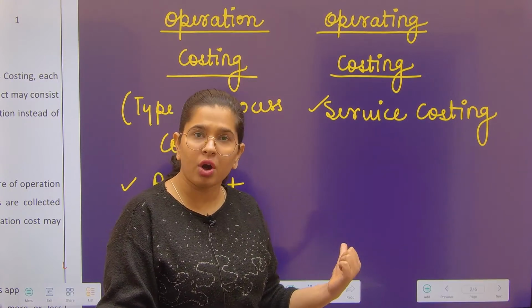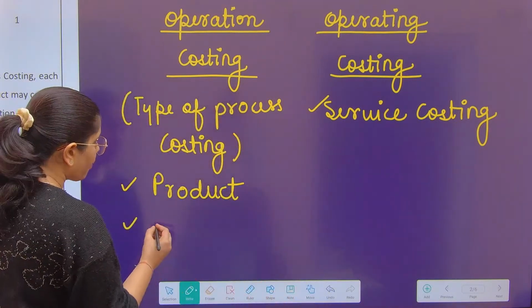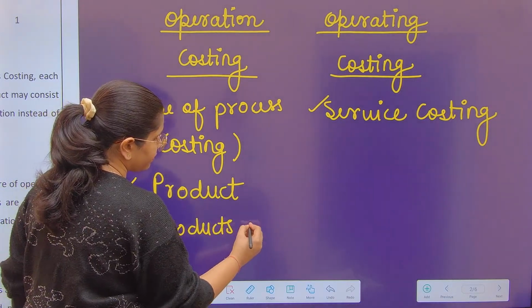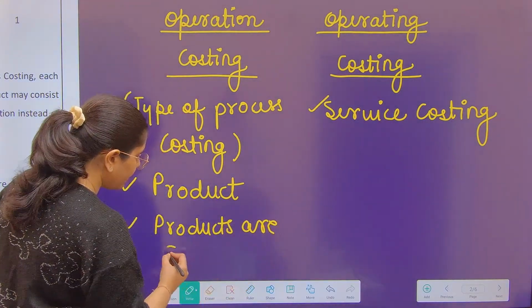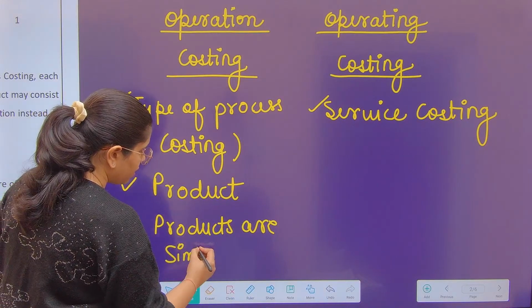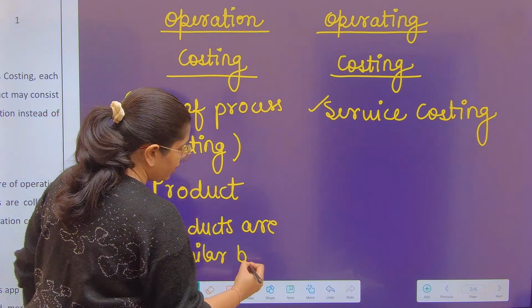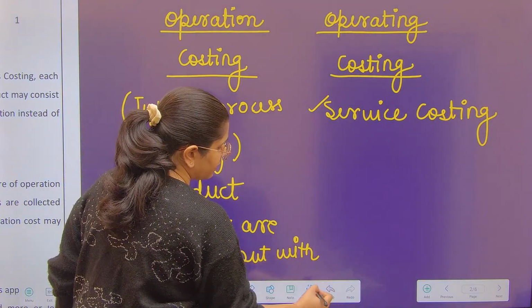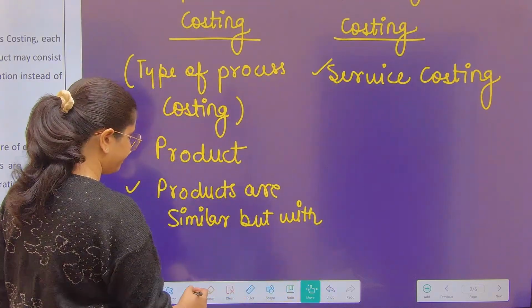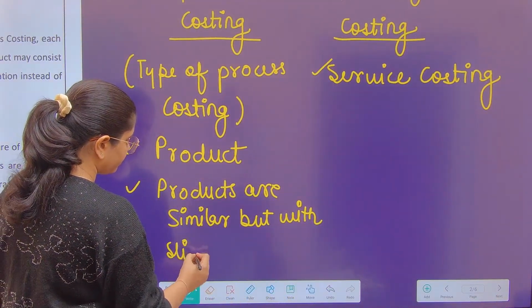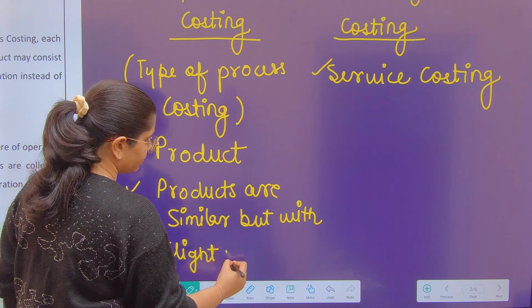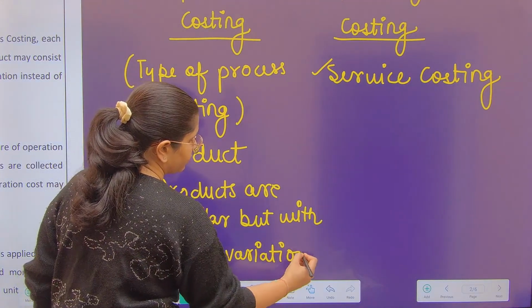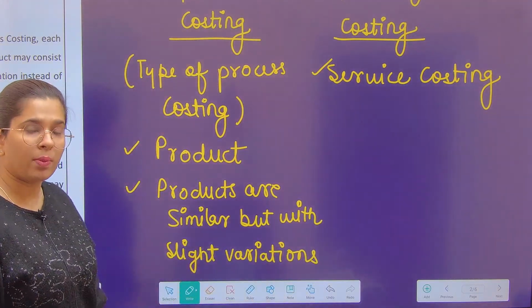But in operation costing, products are similar, but with slight variations. For example, laptops.